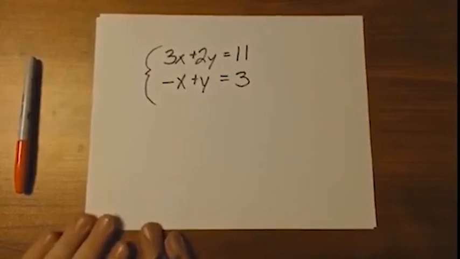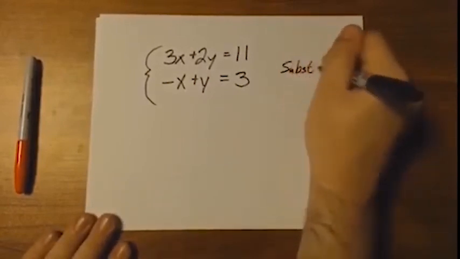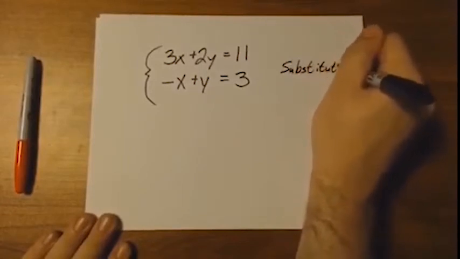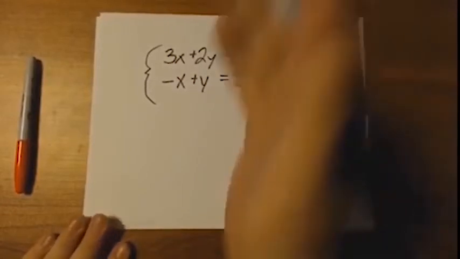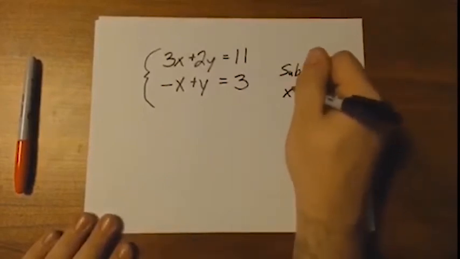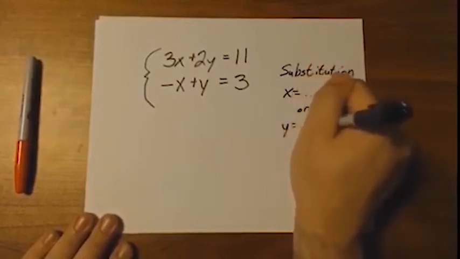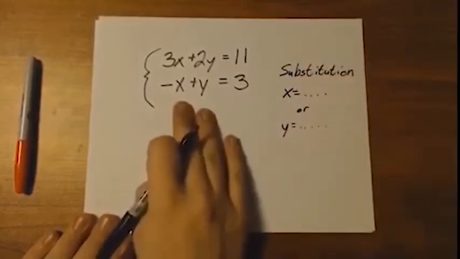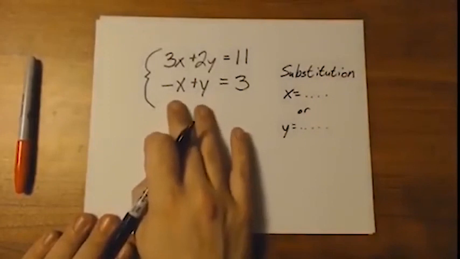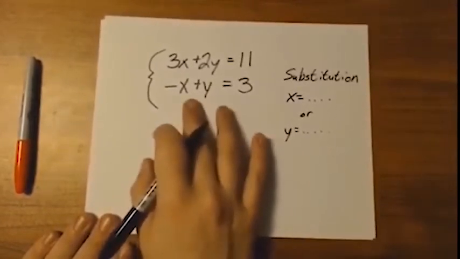So substitution is exactly what it sounds like. We're going to take something and substitute it somewhere else. We either want to get x equals something or y equals something. This is a good one for substitution because here we have an equation where the x and the y are by themselves.